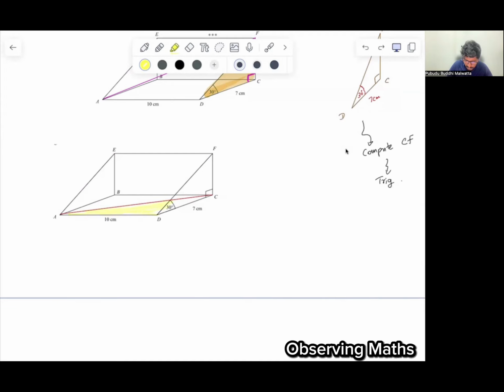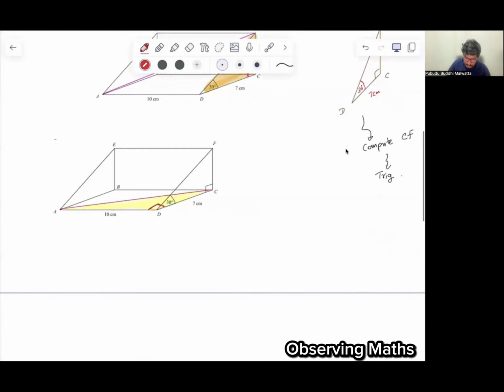That's also a right triangle because the bottom surface is a rectangle. Hence, this one's 90. The bottom surface, it's like your table. So 90.